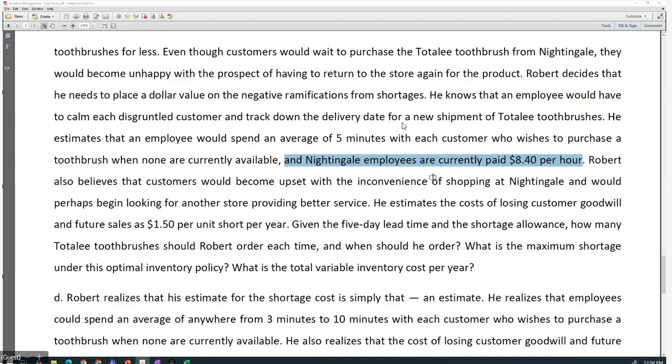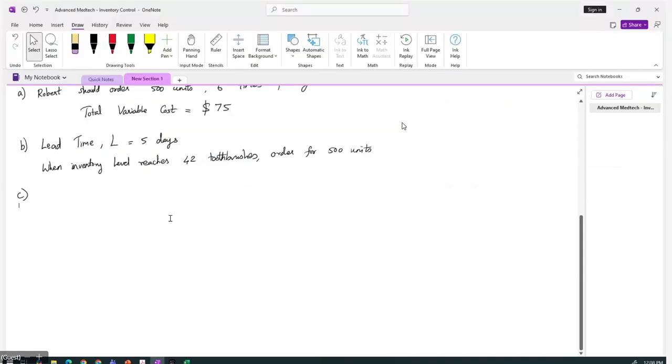Let's pause here. Let's try to understand the context in a better way. What are we talking about now? We are talking about planned shortages.